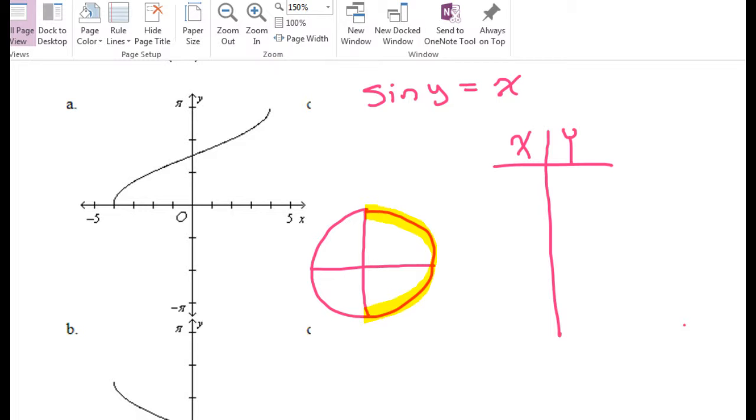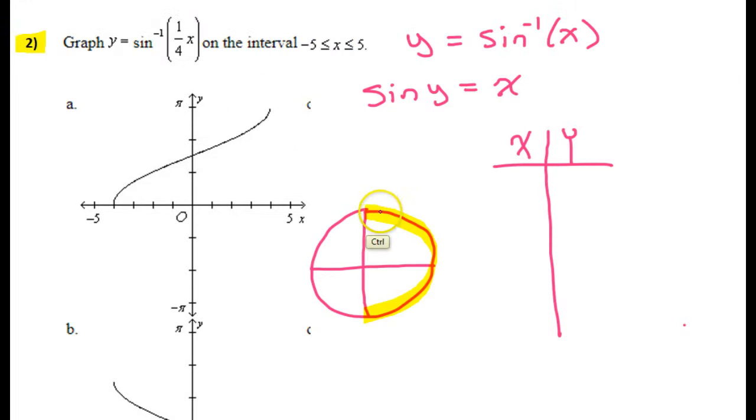I think we can get away with just choosing a few key y values, like this one, and this one. Alright, that should be enough. So those y values on the unit circle, okay, notice that this is inside the sine function. So we're talking about angles, okay?